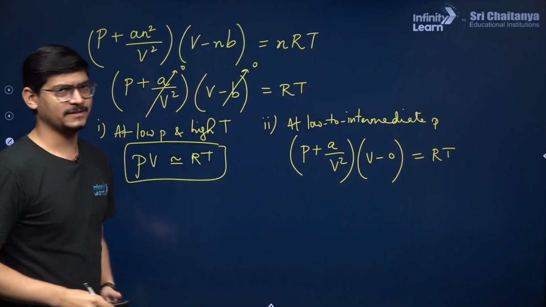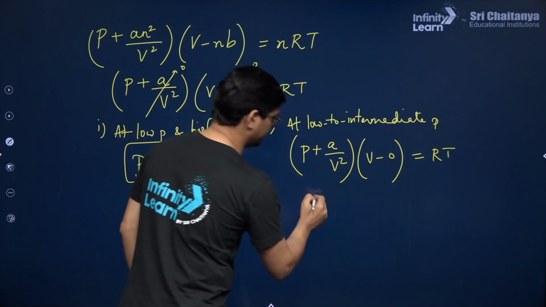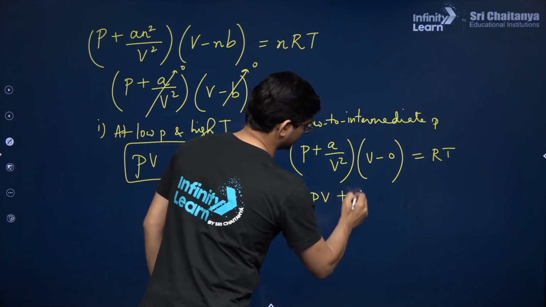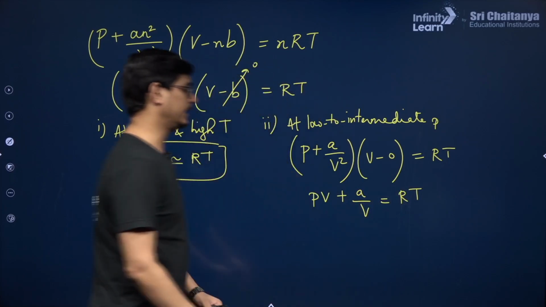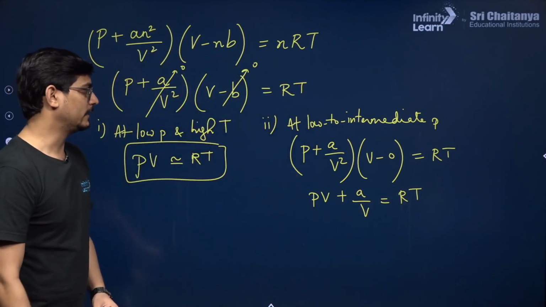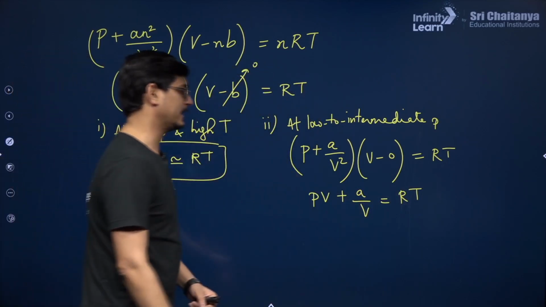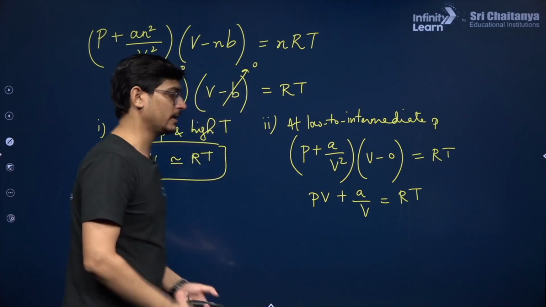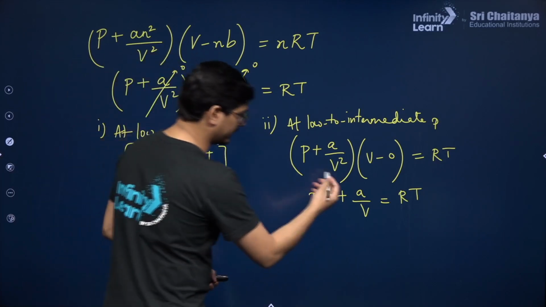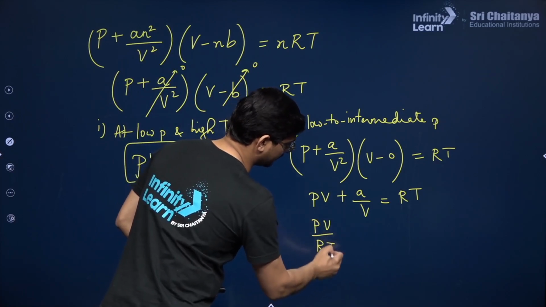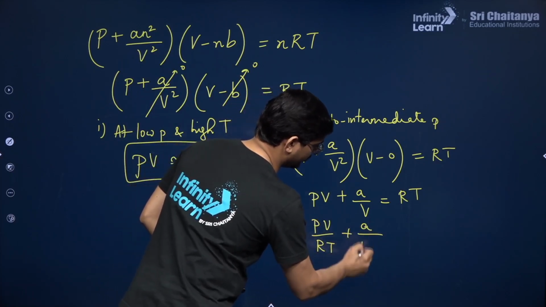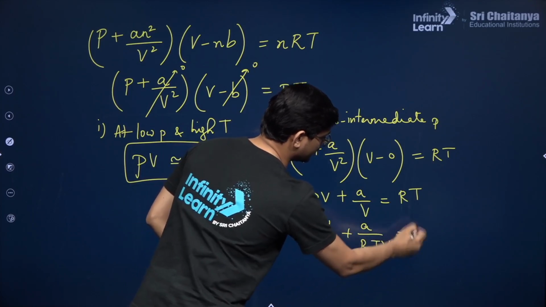Now you can simplify this expression. So this will be PV plus a by V is equal to RT. Now you can divide this entire expression by RT. That gives us PV by RT plus a by RTV is equal to 1.